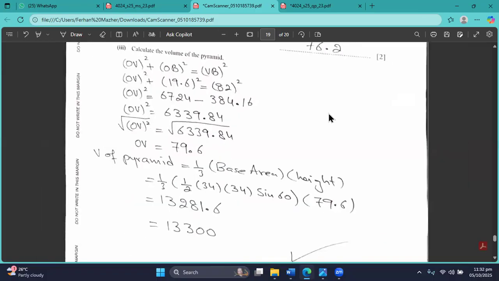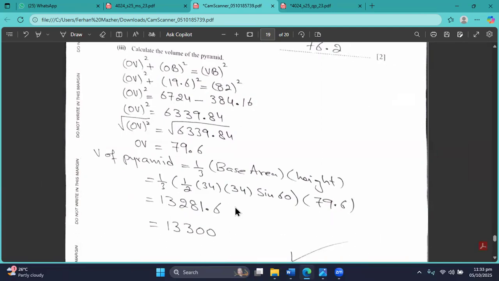79.6. Then the volume of the pyramid is 1 by 3 into the base area into the vertical height of the pyramid. The base of the pyramid or the floor of the pyramid is in the shape of an equilateral triangle. And you know the equilateral triangle's area will be 1 by 2 into 34 into 34 into sine of 60. So the vertical height is 79.6.